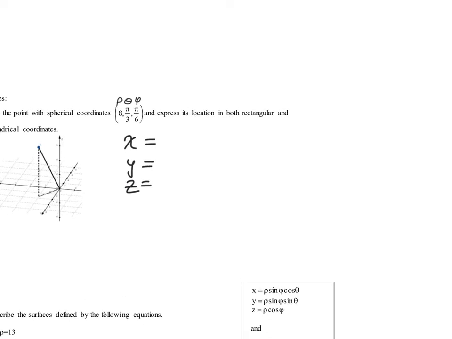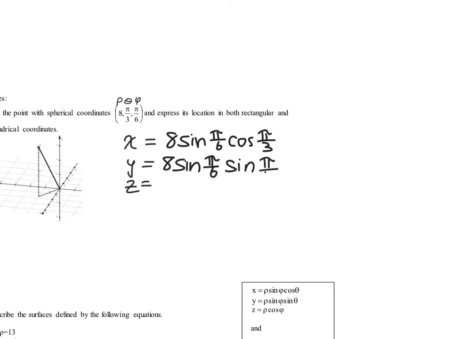Refer to your formulas. We have 8 sine of phi, so sine of pi over 6, cosine of theta, which is pi over 3. Then we're going to have 8 sine of pi over 6, not cosine, sine of pi over 3.